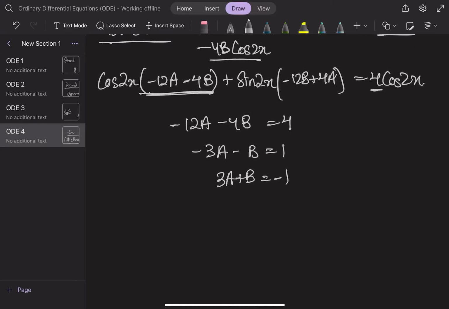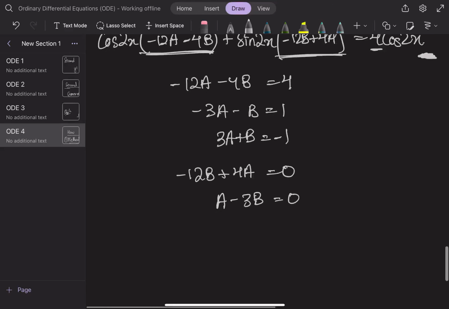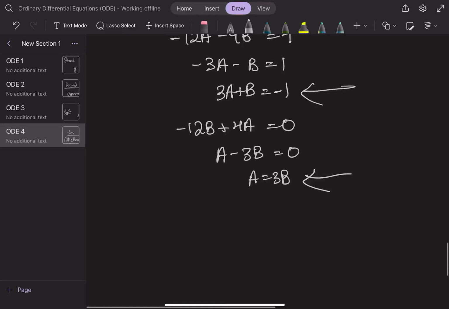And the coefficient of sin 2x on the RHS is 0, and over here it is this. So again they have to be equal. So minus 12b plus 4a is equal to 0. Again divide this by 4, you'll get a minus 3b is equal to 0. So a is equal to 3b. Now you have two equations and two variables, so we can solve this.